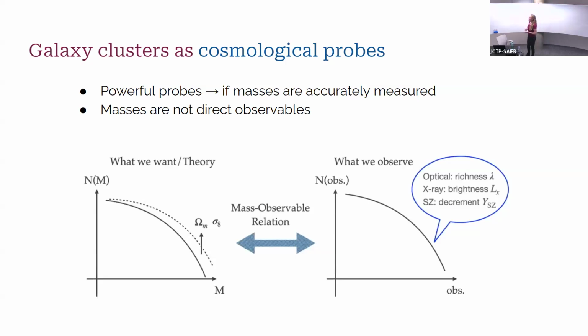So what we do is use a mass-observable relation, where we relate the mass to an observable which is easier to obtain from the observations, like richness, the optical luminosity, or even the X-ray luminosity or the SZ average effect, things like that.